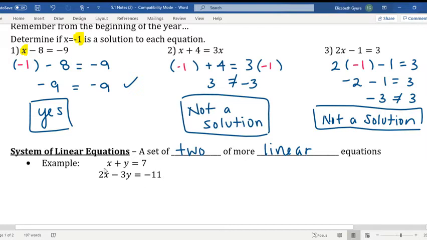So if you have something like x plus y equals 7, that's technically a linear equation. It's just not in y equals mx plus b form. It's in standard form instead. And then 2x minus 3y equals -11, that's also a linear equation. There's 2 of them. And you'll notice, don't they have an x and a y? And we're going to solve for both. That's what we're going to be doing.